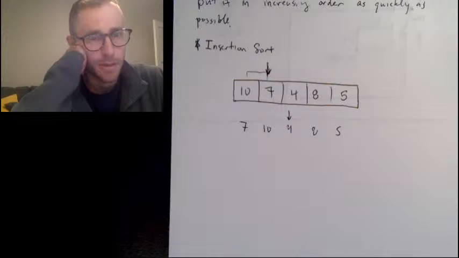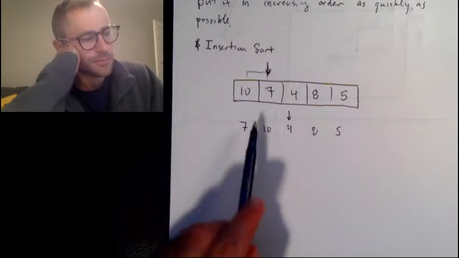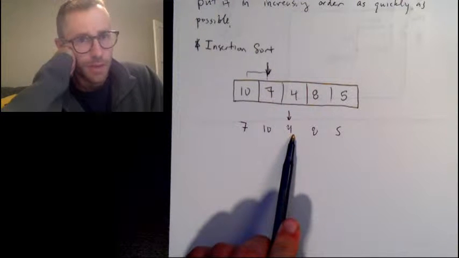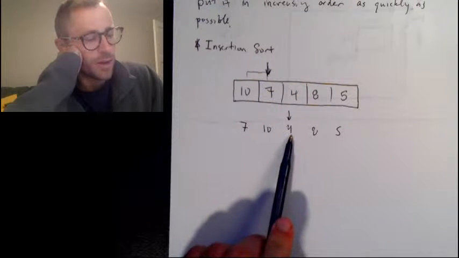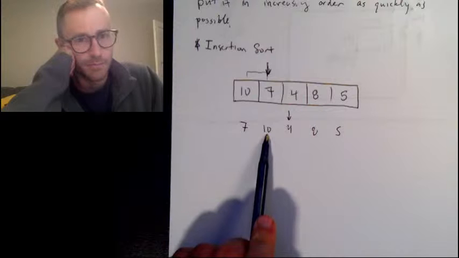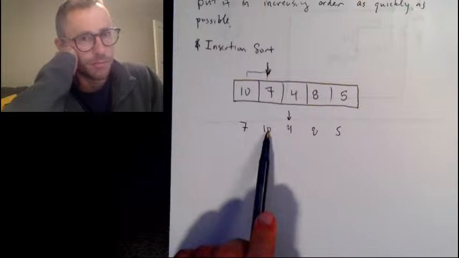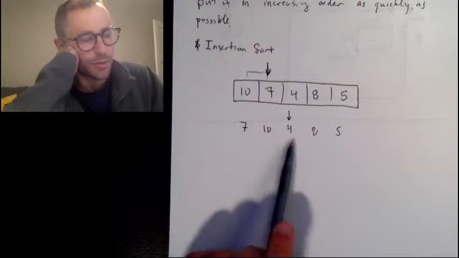And I'm going to compare it to 10, and I can see that 4 should go in front of 10. So I'm going to swap them.